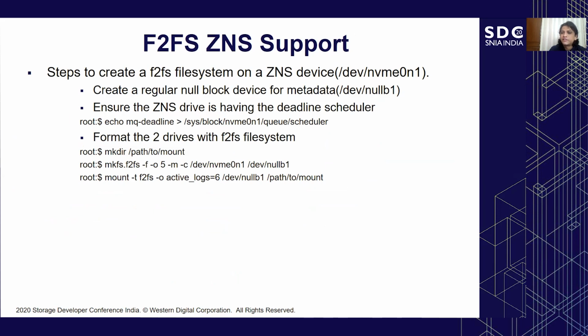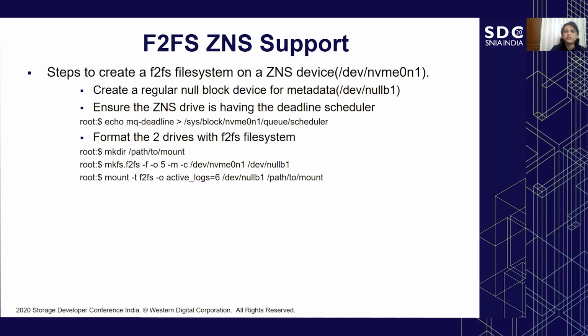Also ensure the ZNS drive is using the deadline scheduler. Like I said earlier, zone append is not supported in F2FS yet, and because of that, writes have to be queued and serialized, and the serialization is implemented in the deadline scheduler. So we have to set these devices to the deadline scheduler. Here is the format command: O is over-provisioning at 5%, and M is zone mode.